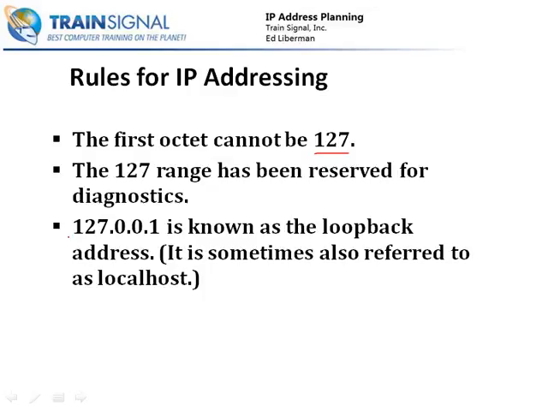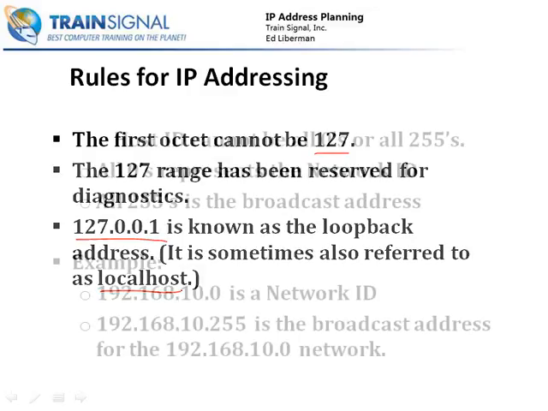Even though there's a huge number of IP addresses that can start with 127, 127.0.0.1 is possibly the only one that you will ever see, and it is what is known as the loopback address. It means yourself. It's sometimes even referred to as localhost. So if you were to try to connect with 127.0.0.1, you're saying, I want to connect with myself. We'll see that in a number of different places as we go through different videos.